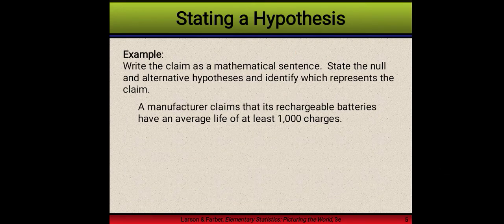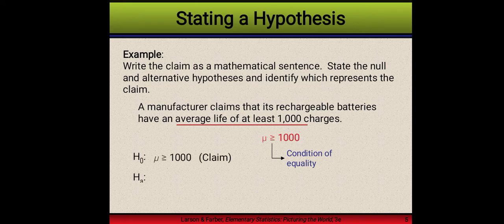Example, write the claim as a mathematical sentence, state the null and alternative hypothesis, and identify which represents the claim. Example, a manufacturer claims that its rechargeable batteries have an average life of at least 1,000 charges. So, we have here the clue in the sentence, average life of at least 1,000 charges.